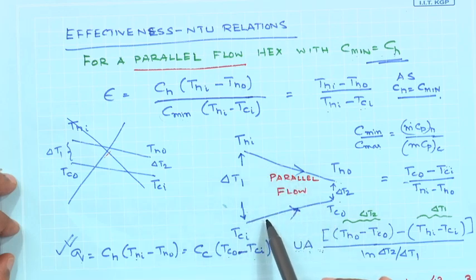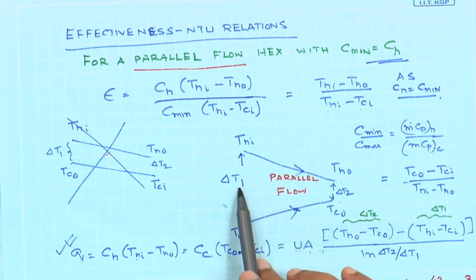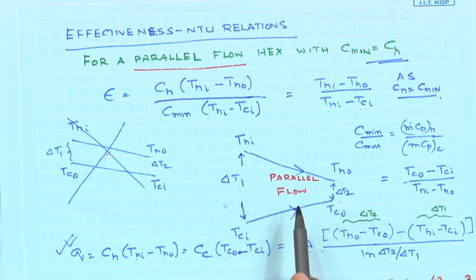We already have seen that the pertinent delta T to be used for such cases is the log mean temperature difference. So, the average temperature difference between the inlet and the outlet is simply the log mean temperature difference.